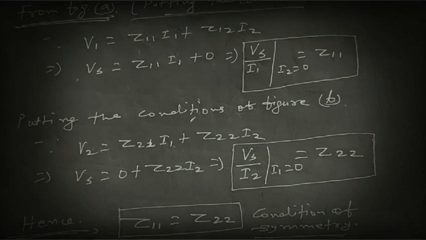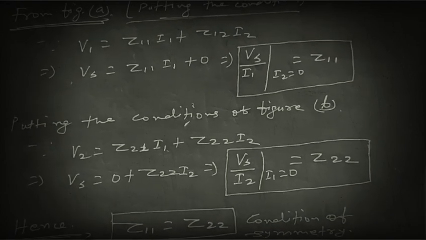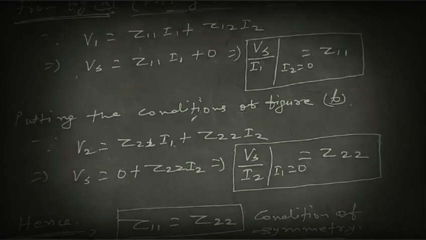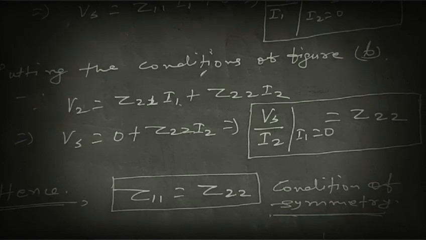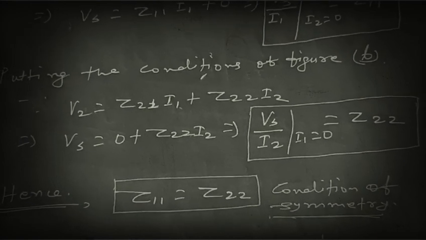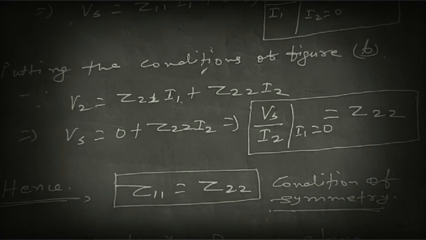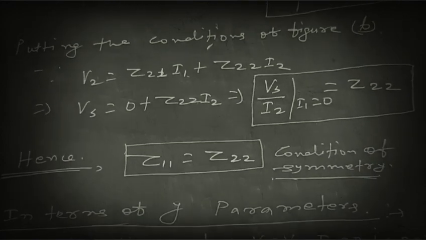So from the condition of symmetry, these two ratios should be equal. It means Z11 should be equal to Z22. In terms of Z parameter, the condition of symmetry is Z11 should be equal to Z22, where we saw that the condition of reciprocity, Z12 should be equal to Z21.